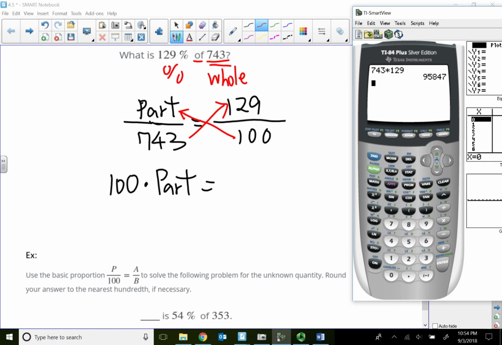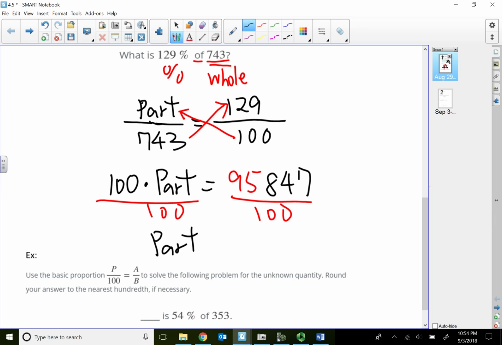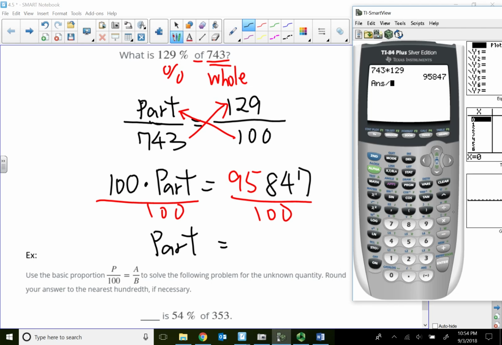The answer is 95847. Now to get part by itself, I have to divide both sides by 100. So my part is 95847 divided by 100. My part is 958.47.